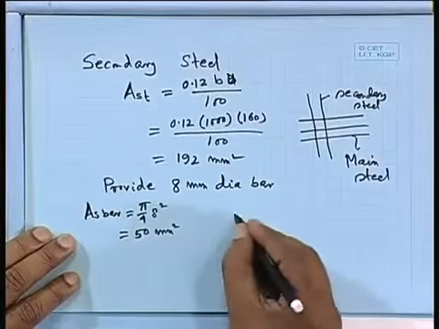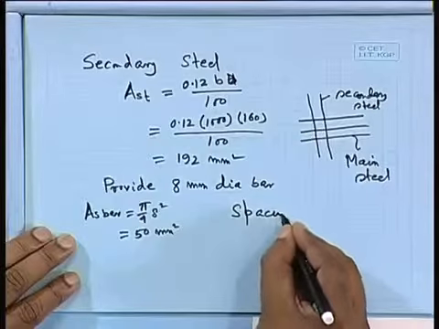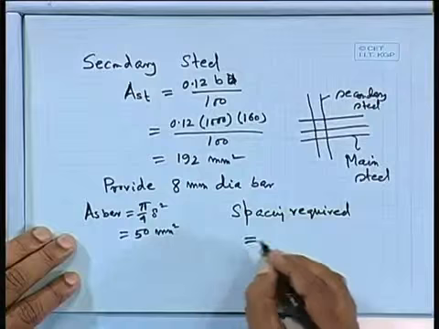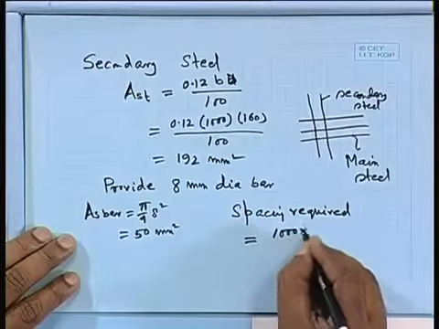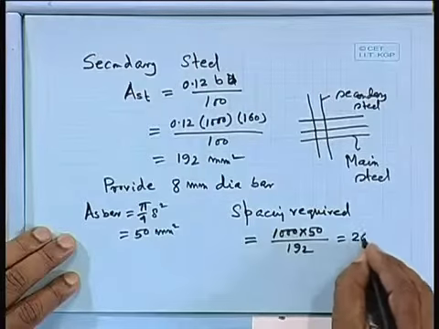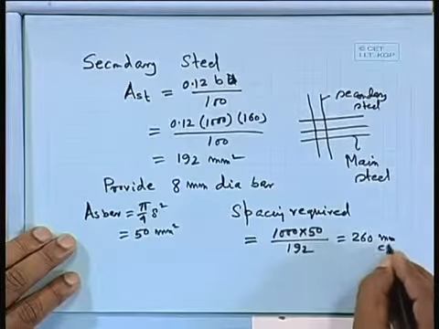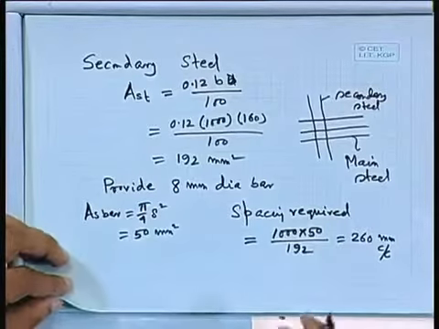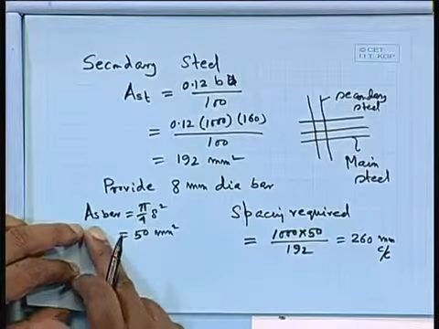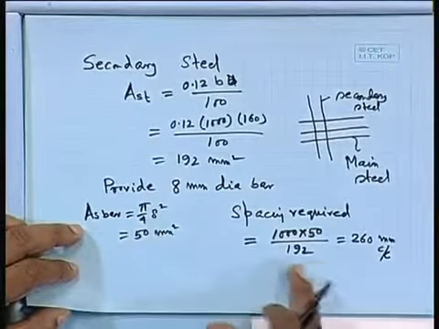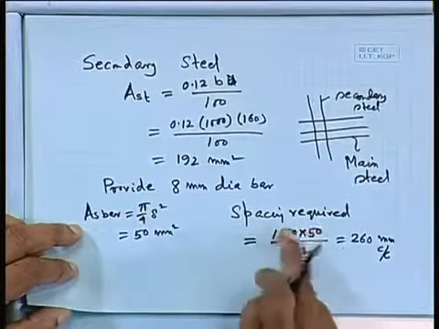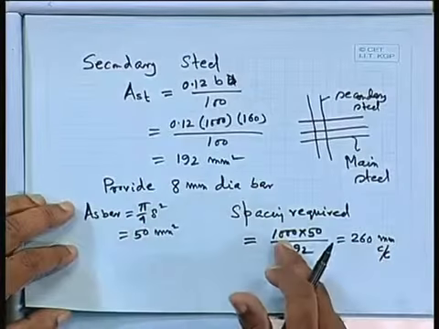So the spacing required equals 1000 times 50 divided by 192, equal to 260 millimeter center to center. We get the area of steel of an individual bar, 50 square millimeter, and on that basis we find the spacing required, because we are calculating everything per meter width, that is why we are taking this 1000.